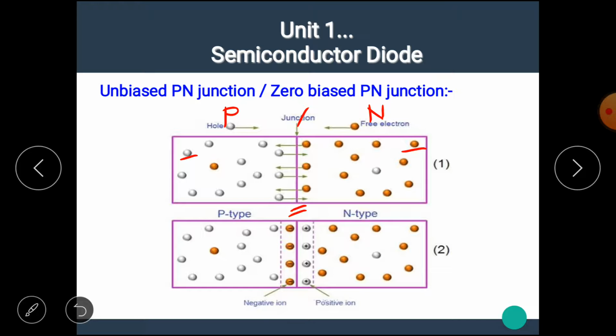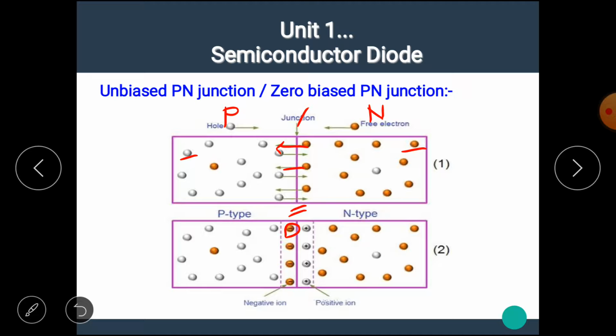Here the electrons cross the junction and enter the p region and become immobile negative ions. I hope you all understand. Let's see once again. This electron crosses the junction and enters the p region and becomes an immobile ion.